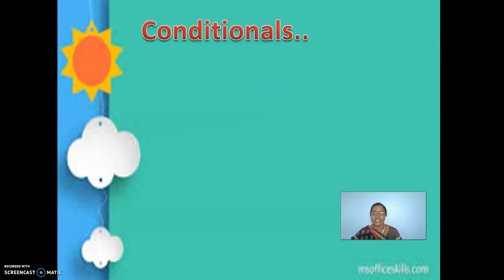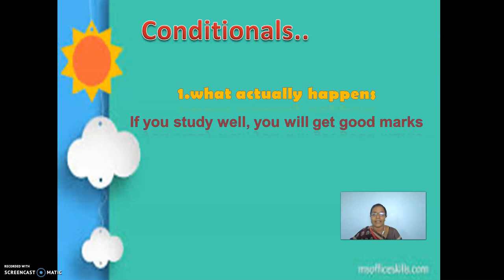Conditionals. To start with conditionals, I'll give you one example which happens in a situation. What actually happens? Listen to this. Conditional, where it is used, and we are going to see how to use them. For example, let us take a sentence.